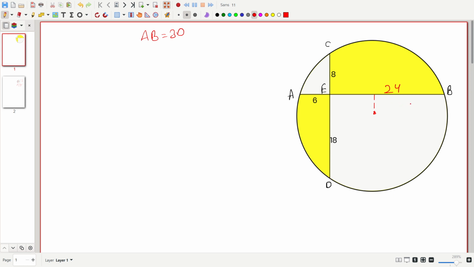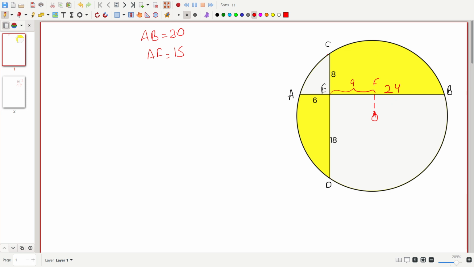What is the half of AB? It is 15. So the length from the center's foot to here is 9. Let's say this point is O, and the points are F and so on. The length of AF is 15, right? 9 plus 6 is 15.